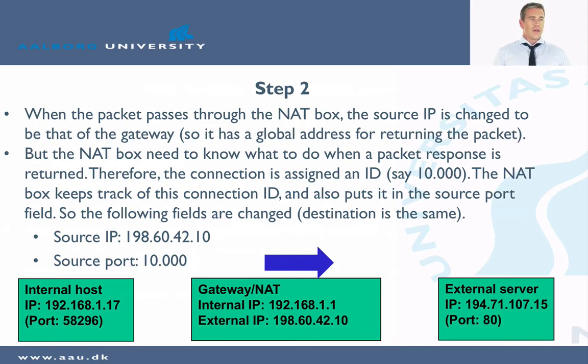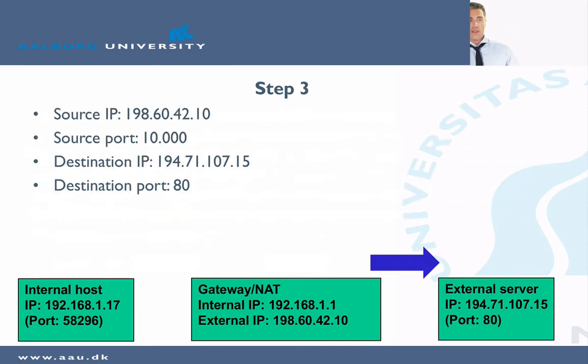So what we do is that we assign this connection an ID that could be, say, 10,000, and then the NAT box keeps track of this connection ID, and to do so, it puts it in the source port field. So when the packet is now leaving the gateway, it has the source IP 198.60.42.10, which is the external IP of the gateway, and it has the source port 10,000.